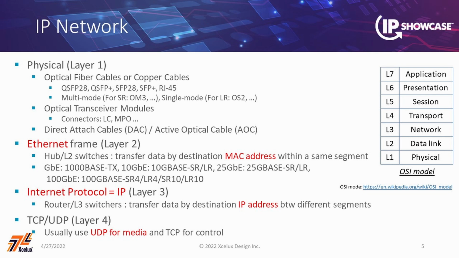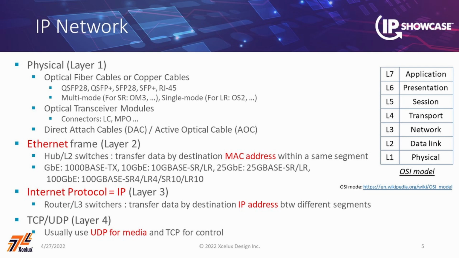This is the first essential technology. The protocol is structured hierarchically, and layer one of the network is the physical layer, composed of optical fiber cables or copper cables and optical transceiver modules. Ethernet is on layer 2, IP, Internet Protocol, is on layer 3, and TCP and UDP are on layer 4.